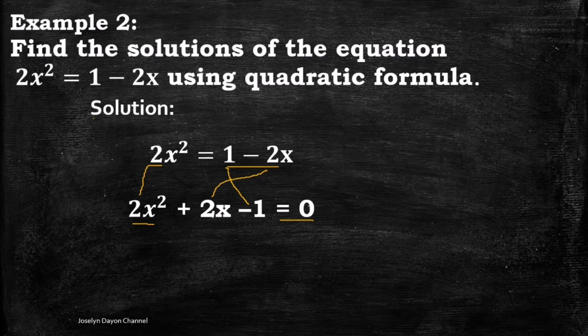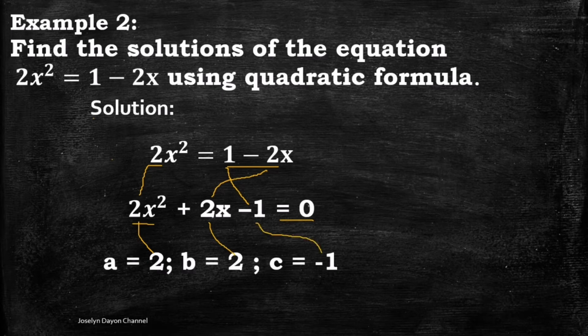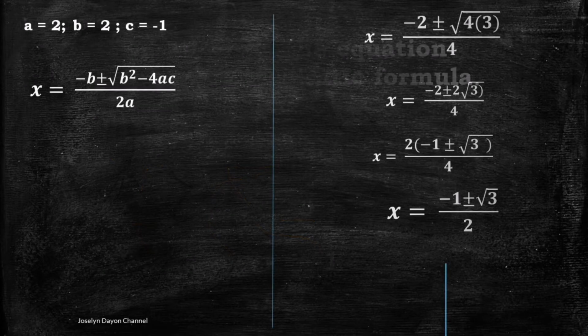Now we have to determine the values of a, b, and c. So the value of a is 2, the value of b is 2, and the value of c is equal to negative 1. Then we have to substitute these values into the quadratic formula: x equals negative b plus minus square root of b squared minus 4ac all over 2a.